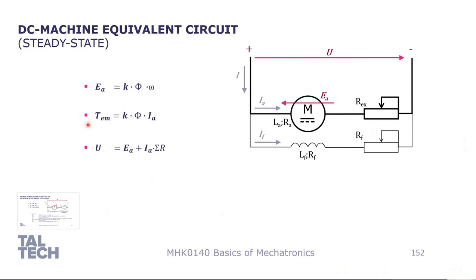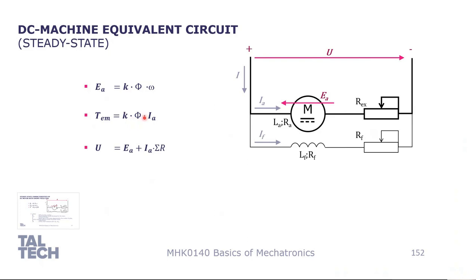The next equation is the torque equation. So how the electromagnetic torque is produced in the machine. This torque we are getting on the shaft of the machine. This will be required when we are connecting the load to our electrical motor, and we want to use the force from the electric motor.